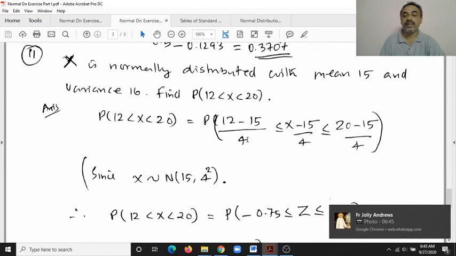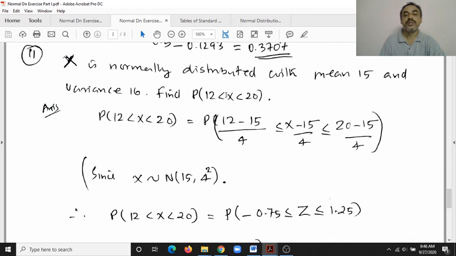Now the next is that x is normally distributed with mean 15 and variance 16. Find P of 12 less than x less than 20. Again we find the equivalent limits of standard normal, obtained by subtracting the mean and dividing by the standard deviation in all the entries.